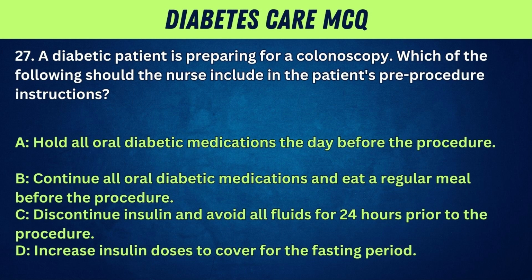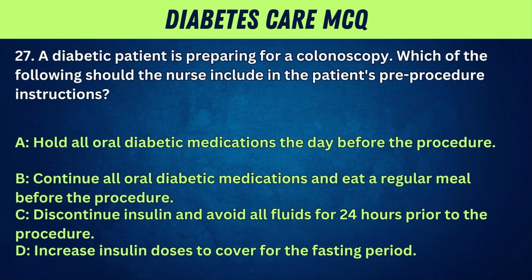27. A diabetic patient is preparing for a colonoscopy. Which of the following should the nurse include in the patient's pre-procedure instructions? A. Hold all oral diabetic medications the day before the procedure. B. Continue all oral diabetic medications and eat a regular meal before the procedure. C. Discontinue insulin and avoid all fluids for 24 hours prior to the procedure.